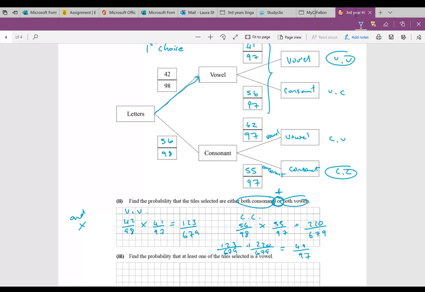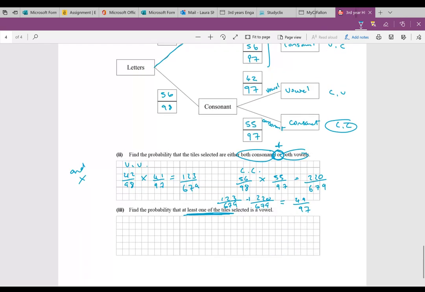Find the probability that at least one of the tiles is a vowel. Now this at least one, the only option where it's not a vowel is if it's a consonant and a consonant, which we just calculated the probability to be 220 over 679. That's the only one where there is no vowel.